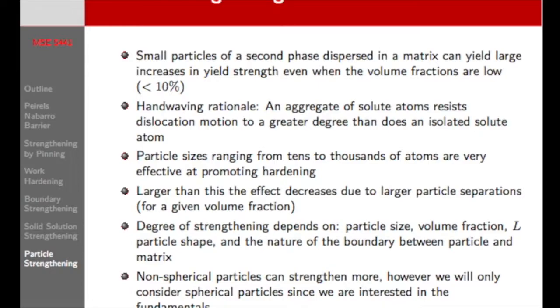So it should be a bigger magnitude than a single solute atom. So from a very simple cursory idea, we should have the notion that this is a stronger effect than you would get from pure substitutional solute strengthening.